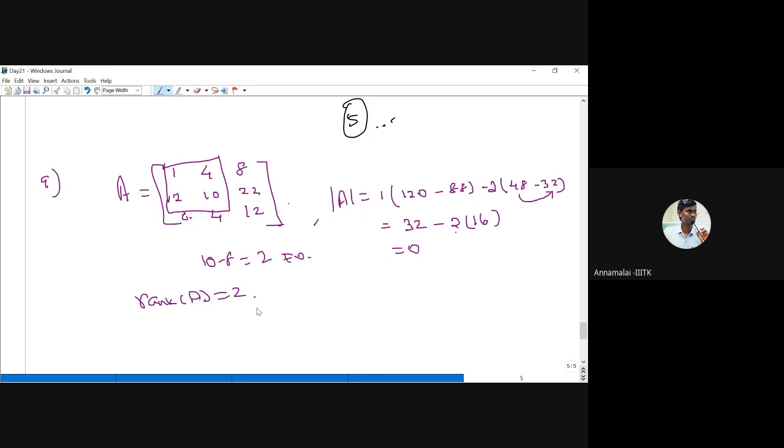For any square matrix, if you take any n by n matrix and the determinant is non-zero, then the rank is n. If the determinant is 0, the rank may be anything but not equal to n, maybe n minus 1 or n minus 2 or anything. If the determinant is non-zero, then the rank is nothing but the order of the matrix.